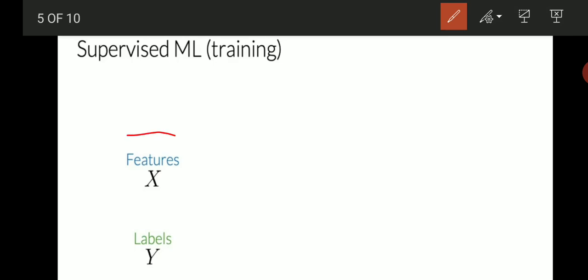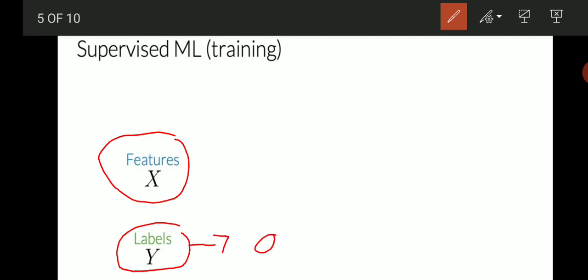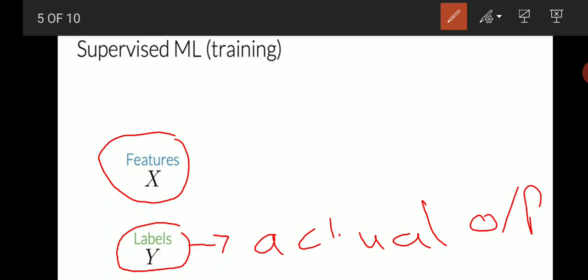First, we have features and we have labels. Features are called X and labels are called Y, and it's also called the actual output. Okay, actual output.